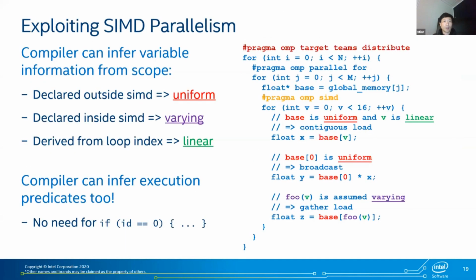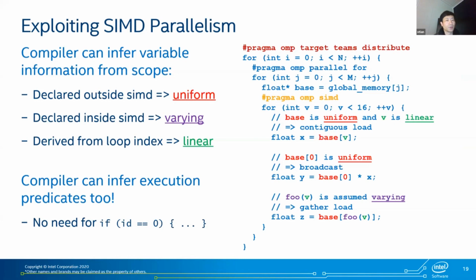Okay, the SIMD parallelism I already talked about. There are a lot of things like uniform, varying, and linear that have a big performance impact. Basically, if the compiler knows the memory access is linear, we can generate a unit-stride load/store instead of a gather or scatter, right?